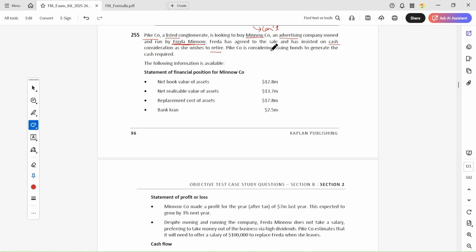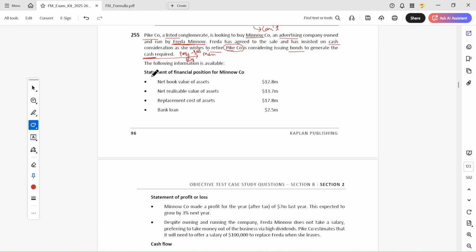Pike company is considering issuing bonds to generate the cash required. So Pike company will issue the bonds so that he can receive the cash, and then out of this cash he will buy Minnow and pay in cash.